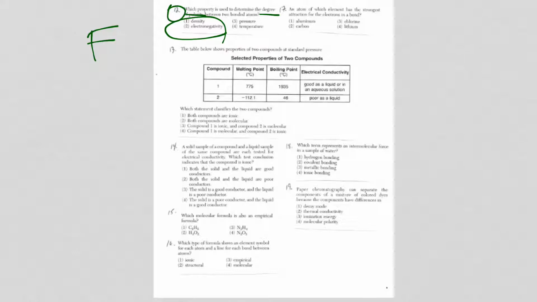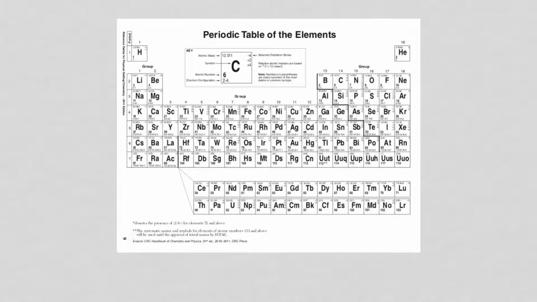Now, if you take a look at question 17 across the way, it's an electronegativity question just asked in a different way. An atom of which element has the strongest attraction for electrons in a bond? So they're asking you about electronegativity without saying the word. Now, when you go through the choices, you have a couple of ways you can do this. If you take a look at the periodic table, again, fluorine is the most electronegative. Whatever's closest to fluorine is also going to be more electronegative than what's further away.